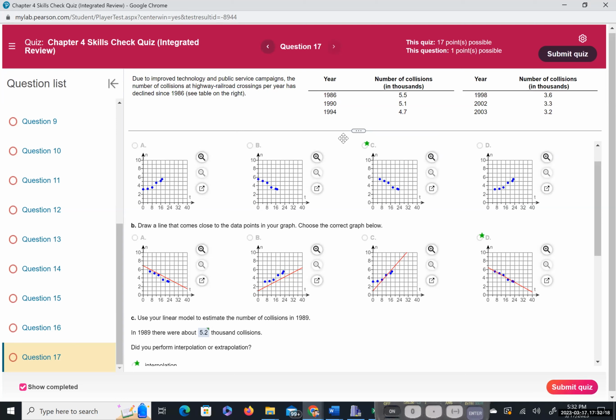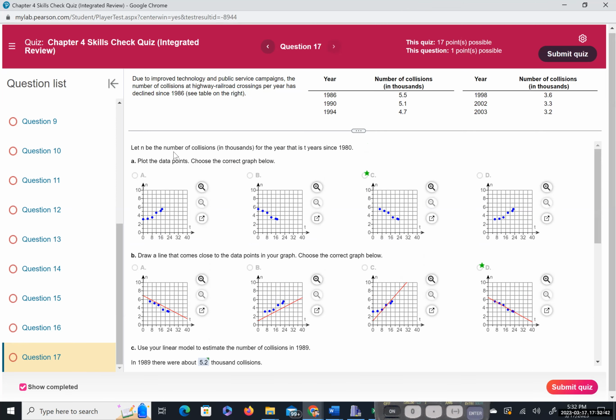All right. So due to improved technology and public service, we have a table here that shows declines in collisions from 1980 to 1986. Okay, so what's the question? Let n be the number of collisions seen in 1980.